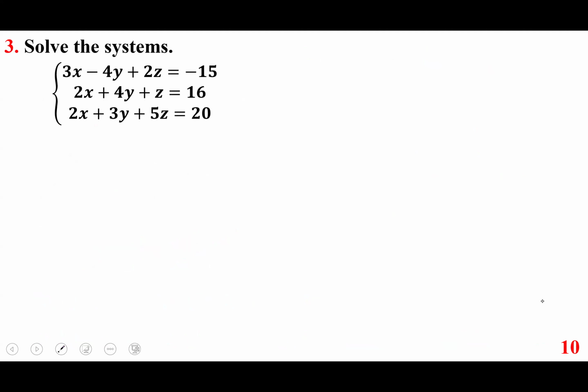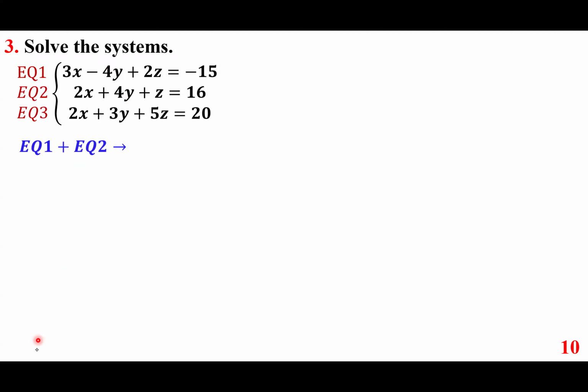All right, let's solve this system now. Again, there are various methods that you can solve. Let's first call them equations 1, 2, 3. It makes it easier to work. Notice that these two are opposites. So right away, if you put equation 1 and 2 together, you can get rid of the y.